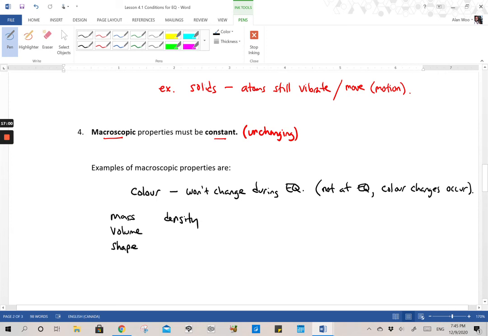So things like odor or smell, light intensity. Okay, these are all things that are considered to be macroscopic. Okay, and there's probably a lot more if we just sat down and thought about it. But as long as you can measure them, as long as it's detectable and measurable, they are considered to be macroscopic properties.